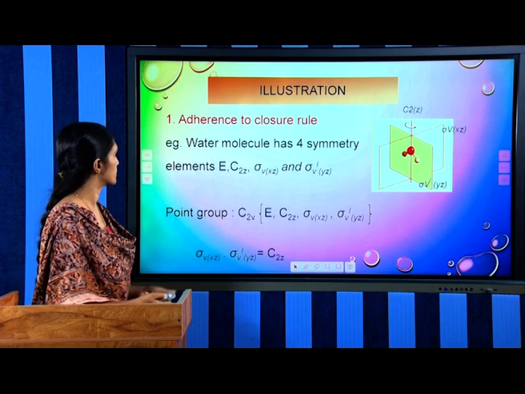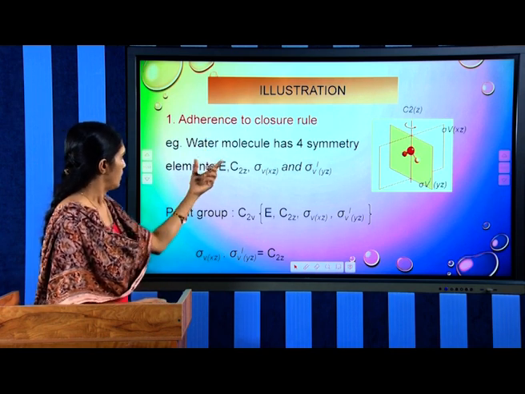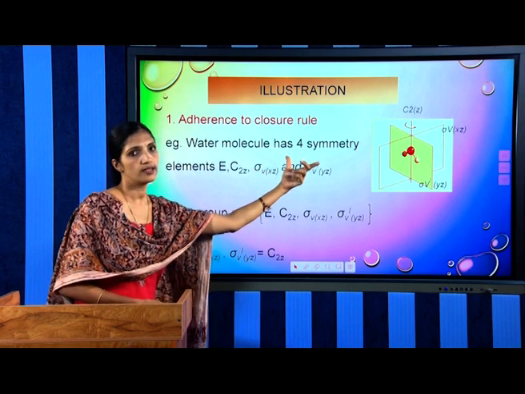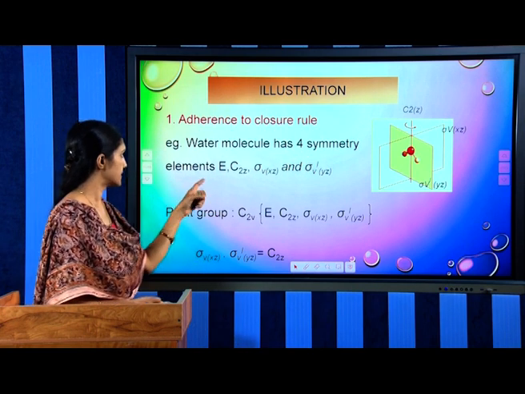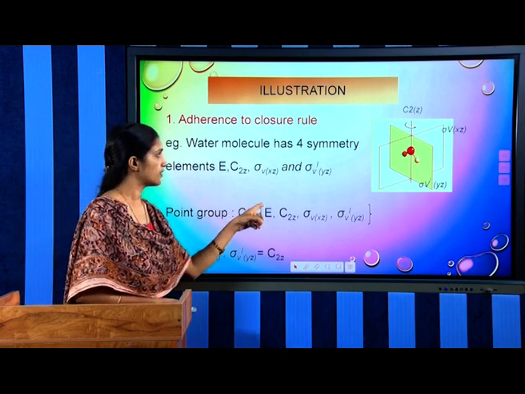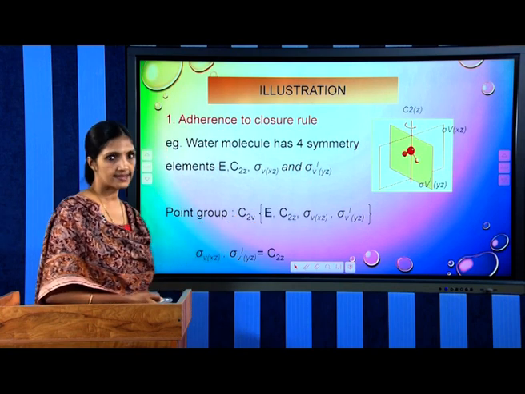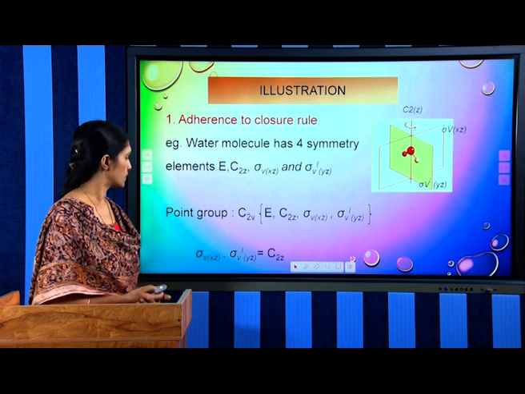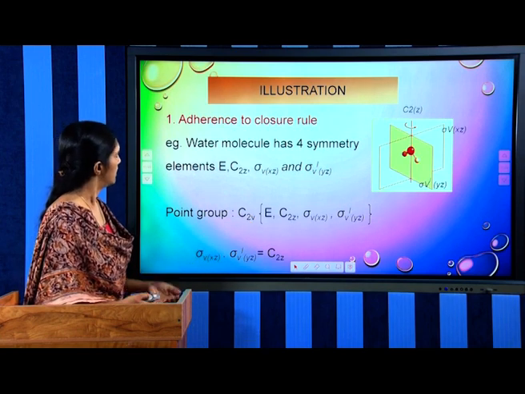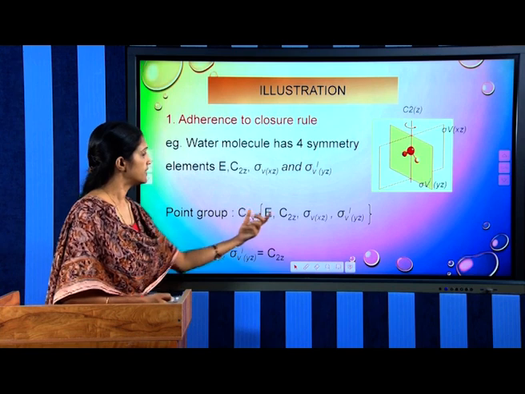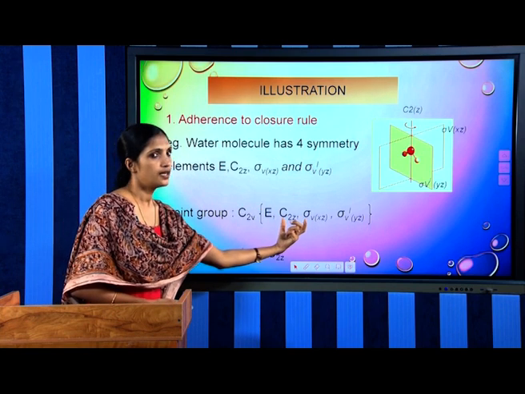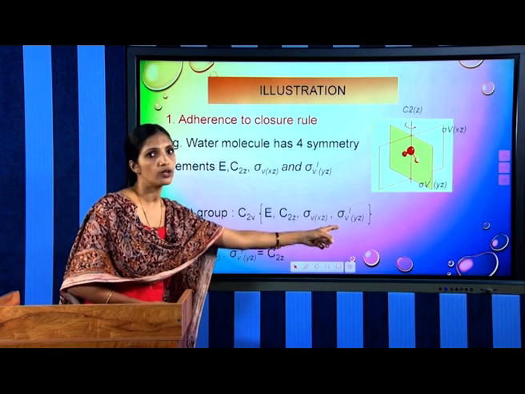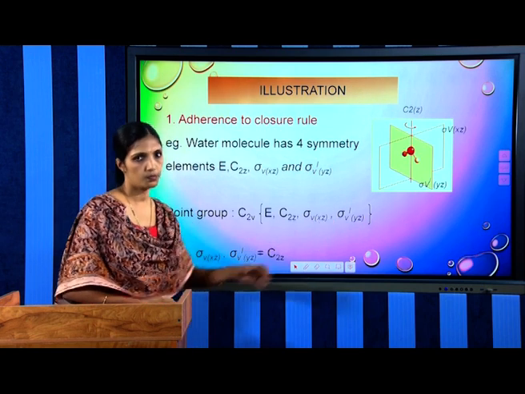We know that the water molecule has 4 symmetry operations: E, C2Z, sigma V x z and sigma V dash y z. So, the point group is C2V, and here we have to check whether 2 operations result in another operation of the same group.